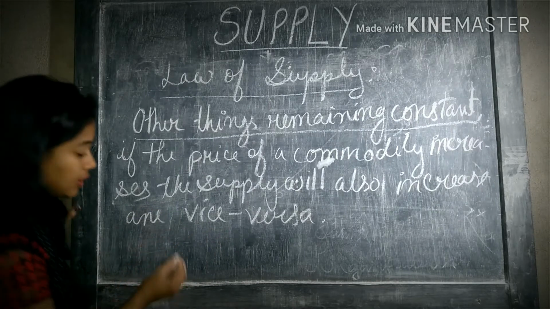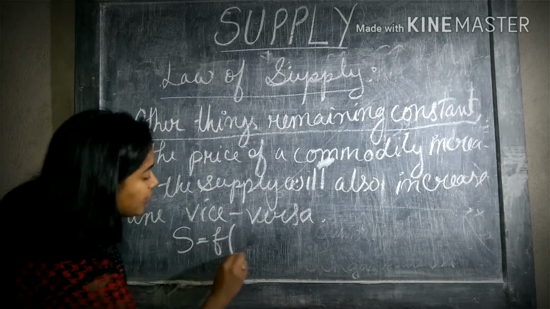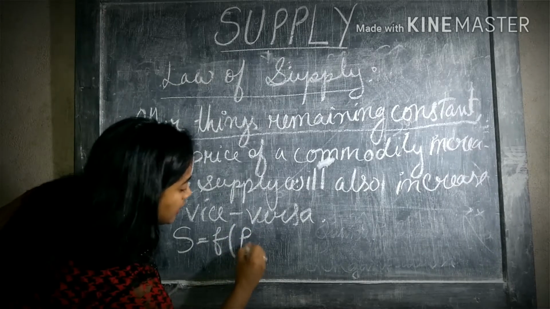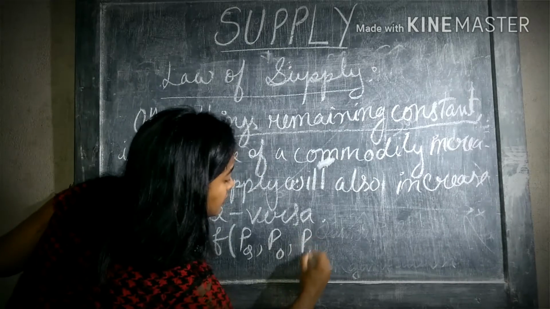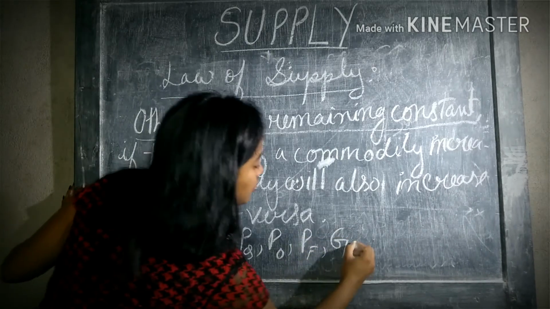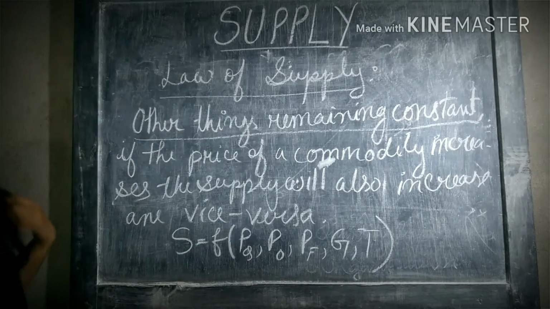So what was the supply function? Supply depends upon these factors: price of the commodity, price of other commodity, price of factors, the goal of the producer, and the taste of the people or the consumer.